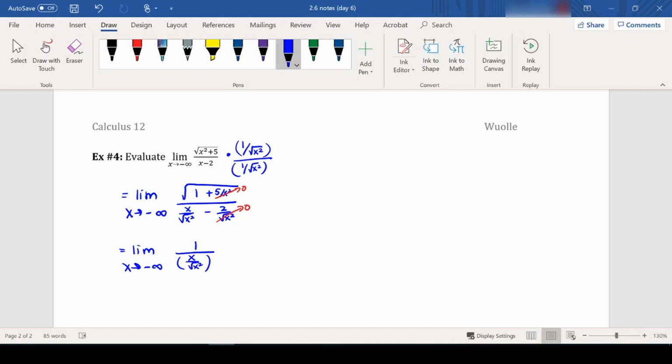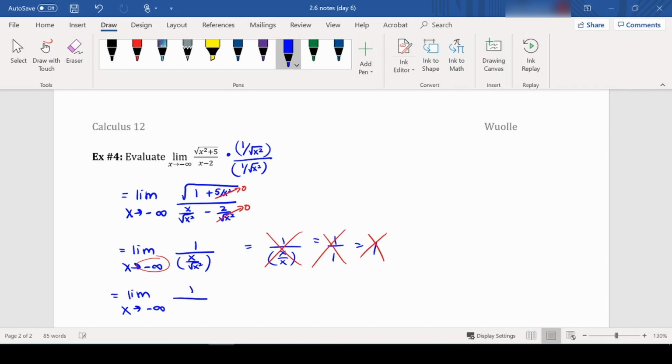Now, a lot of you are thinking, hey, root x squared is just x. So what I'm going to do is, well, this is just equal to 1 over x over x, which is equal to 1 over 1, which is 1. The problem with that is we're approaching negative infinity. We cannot say this. Really what's happening is that I've got the limit as x approaches negative infinity.